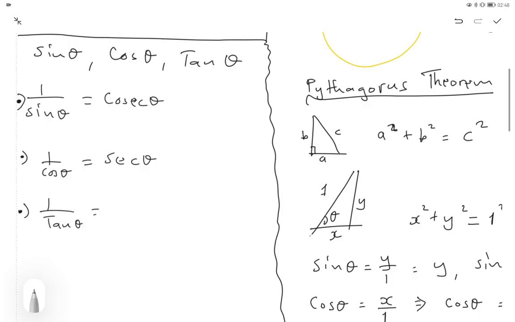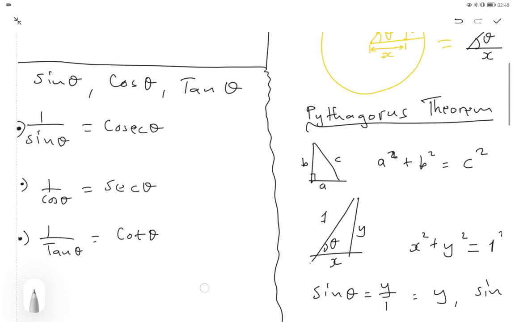This one is going to give us cot theta. So three of them: 1 divided by sin theta is equal to cosec theta, 1 divided by cos theta is equal to sec theta, and 1 divided by tan theta is equal to cotangent theta. We can just use the short form: instead of saying cotangent, we'll just say cot theta. That's it for this one.